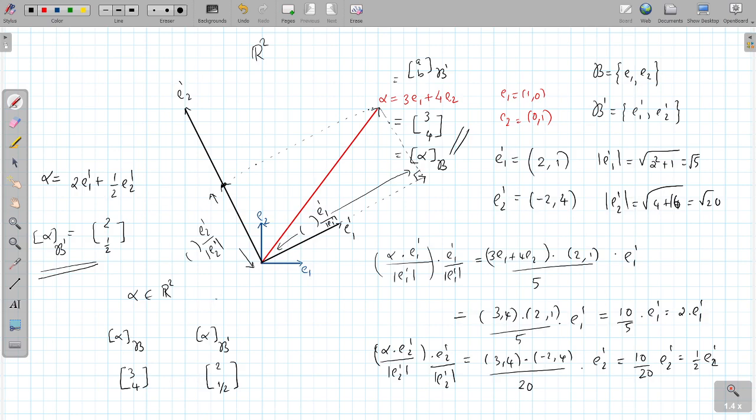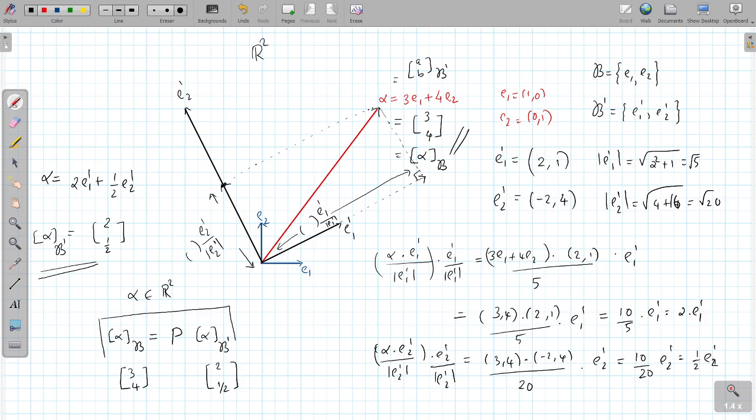These two coordinates can be connected through a matrix called P. So you can easily find a P such that the coordinate of alpha with respect to B is equal to P times the coordinate of alpha with respect to B prime. This is the next theorem.